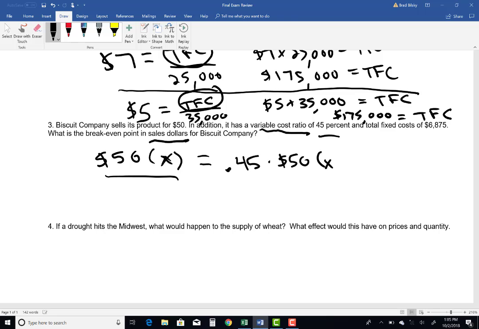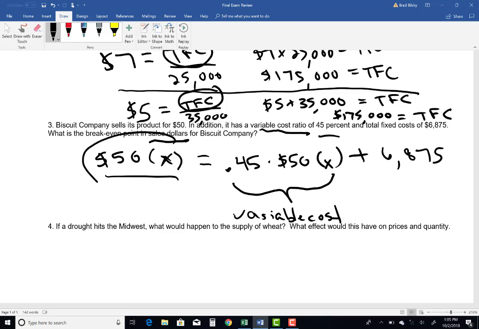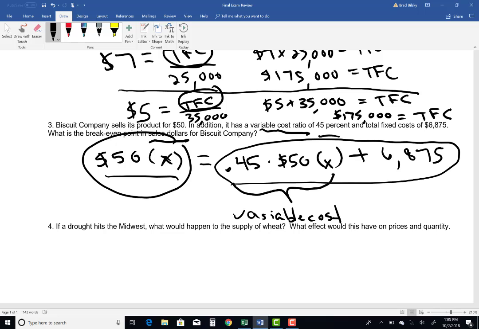So this whole term here, all this stuff together, is going to be my variable cost at the break-even point. Well, we know our cost isn't just variable cost. We also have our fixed costs, so we put that in here as well. So break-even is the point where our total revenue, which we have here, equals our total cost. Total cost is our fixed costs plus those variable costs.